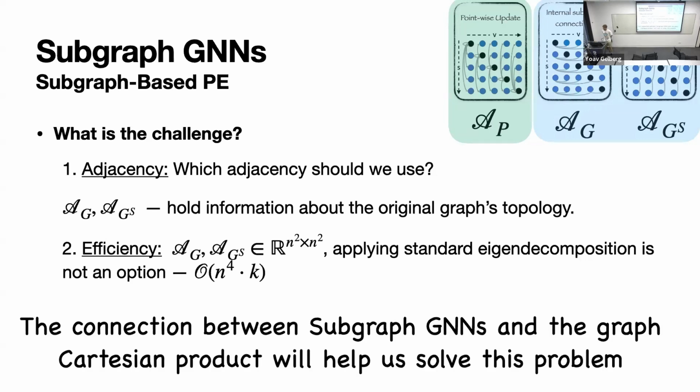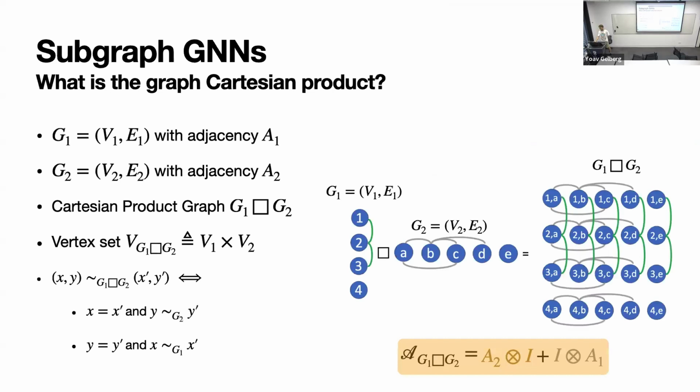So the connection between subgraph GNNs and graph products is going to help us solve this complexity issue. Before I dive into this connection, what is the graph Cartesian product? The formal definition is on the left, but it's pretty easy to understand from the example on the right. We have, for example, two graphs, G1 and G2. The graph Cartesian product between G1 and G2 is going to simply copy G1 5 times, once for each node in G2, and maintain the connectivity for each copy.